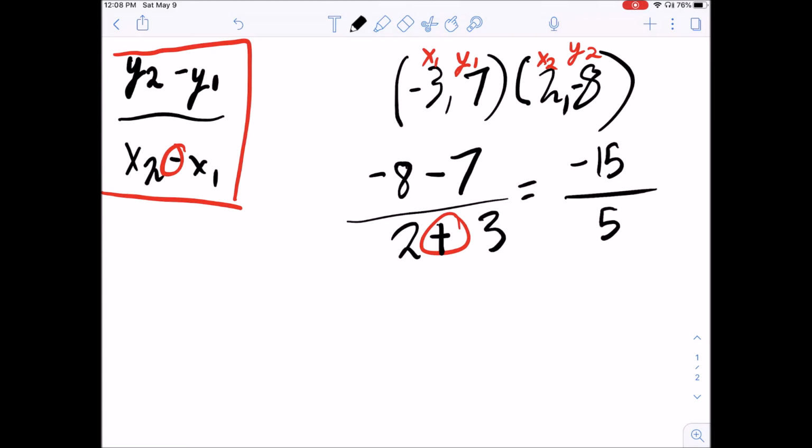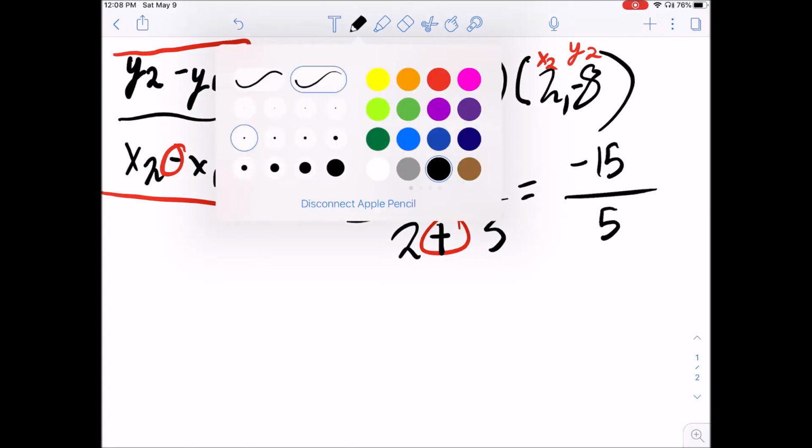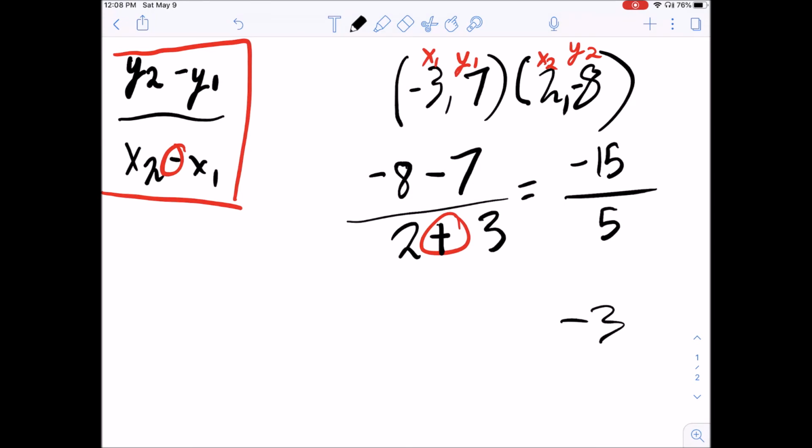Alright, and then when we simplify this fraction, our slope should be -3. What that means, it's basically -3 over 1. We decline -3. Let's make a graph here.